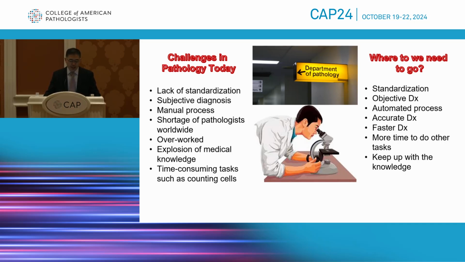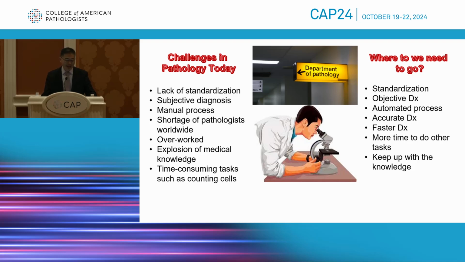And this slide lists some current challenges in our practice today, such as lack of standardization. Right now we are still doing subjective diagnosis, right? It's kind of manual. Some experts make a diagnosis, and others don't agree with your diagnosis.